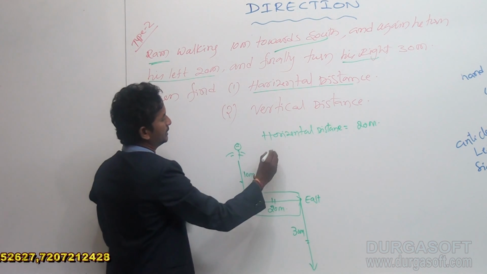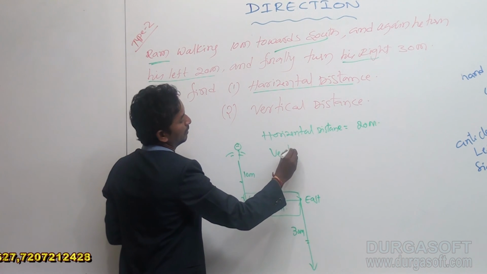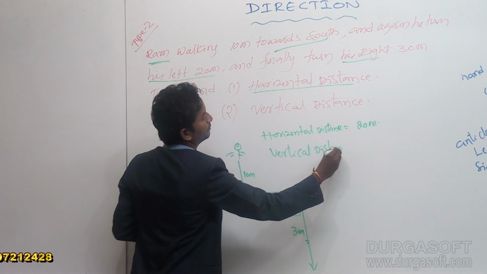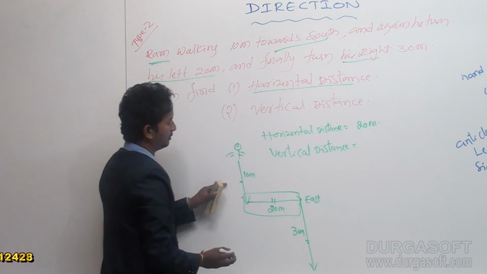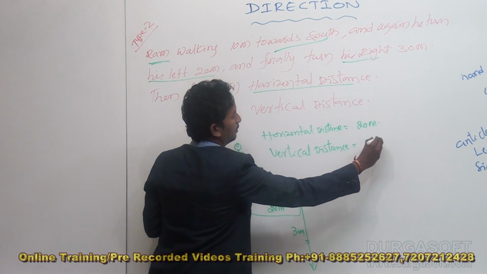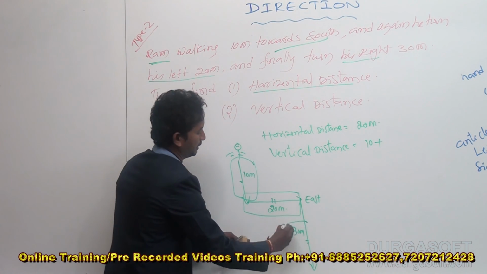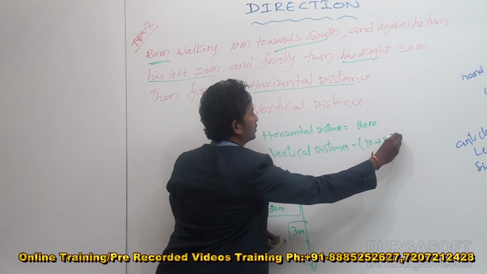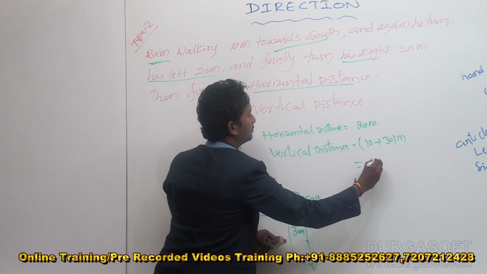Now the vertical distance is equal to, first this is 10 meters plus this is 30 meters. So the total vertical distance is 40 meters.